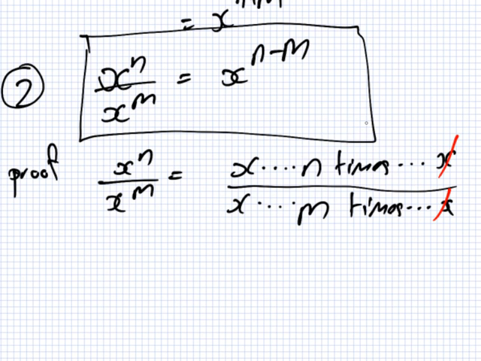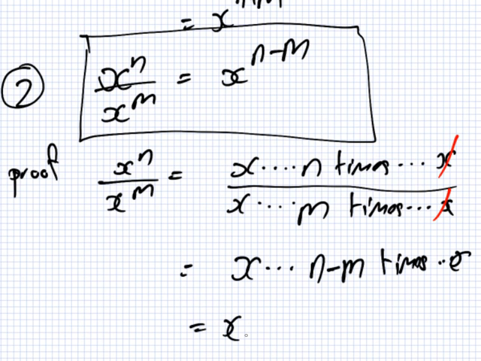So in other words, after you do all the cancelling, you're left with x times x and so on, n minus m times. So you're left with x^(n minus m). So you can cancel the x's on the top with the x's at the bottom, which you know.